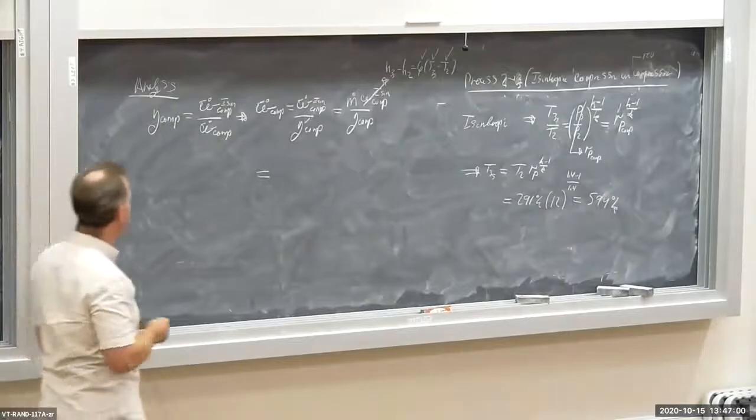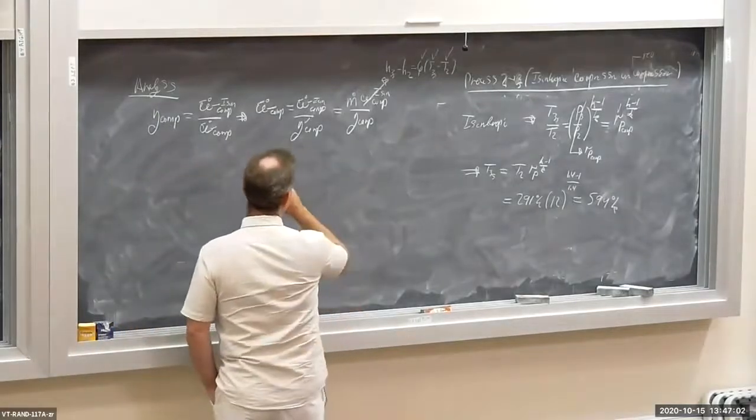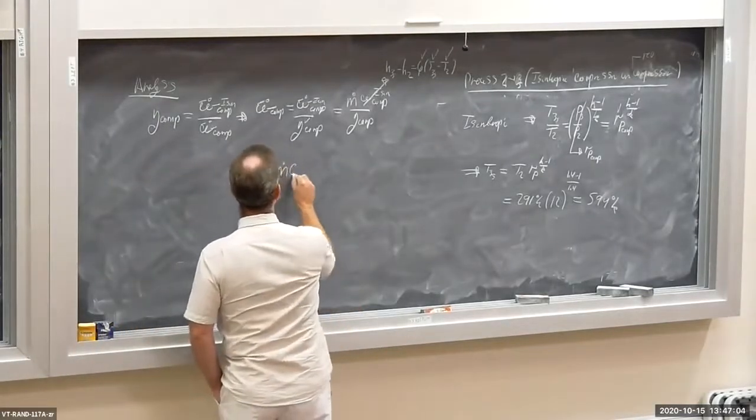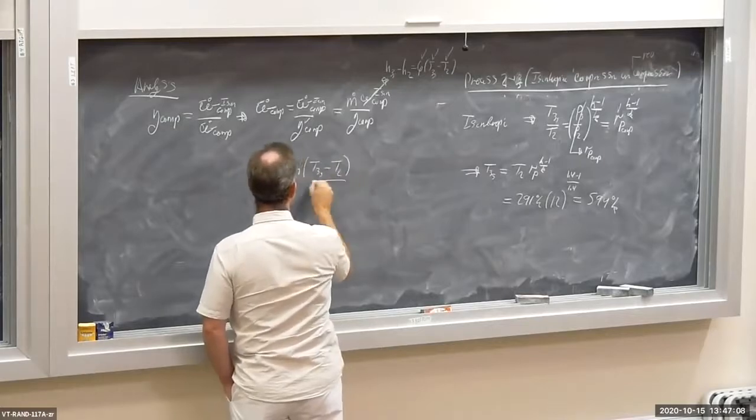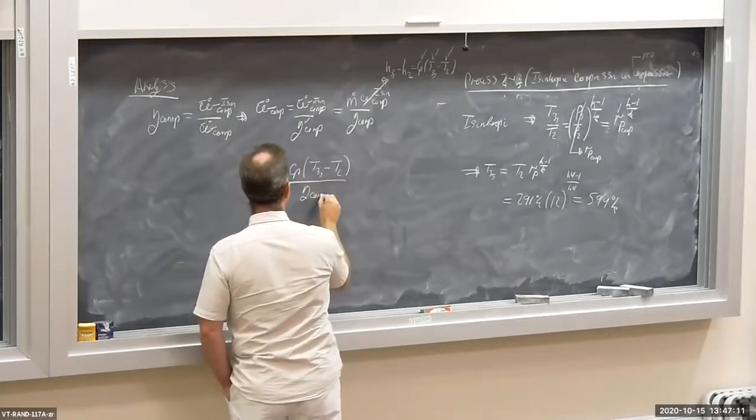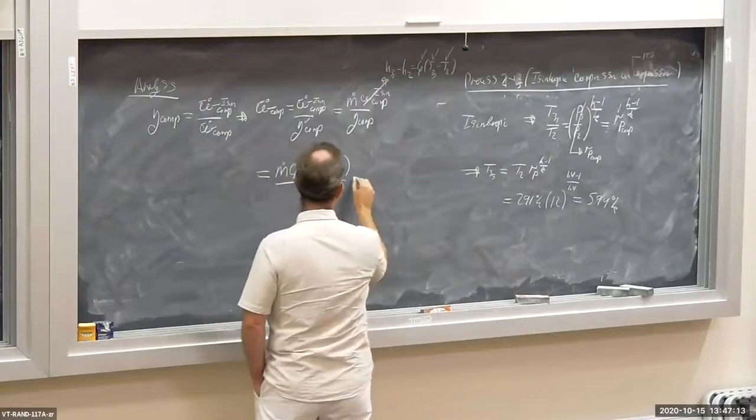Okay, so the compressor power: I have m dot Cp times (T3s minus T2) divided by the isentropic efficiency of the compressor.